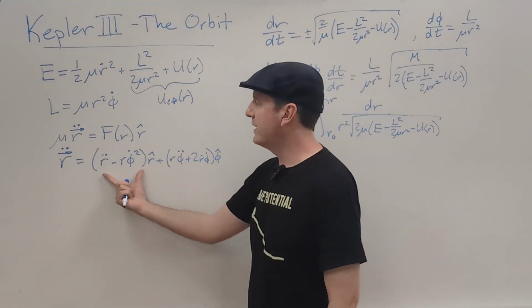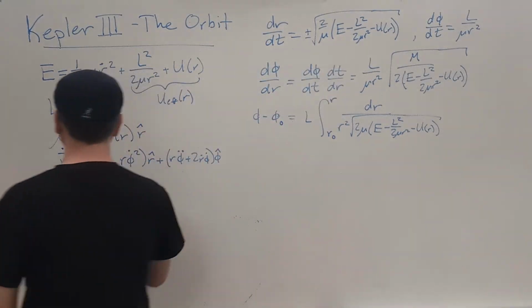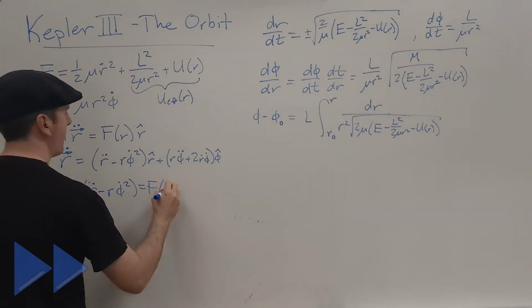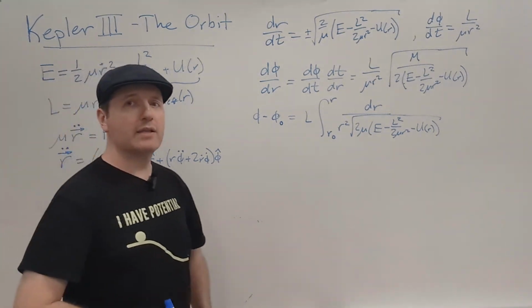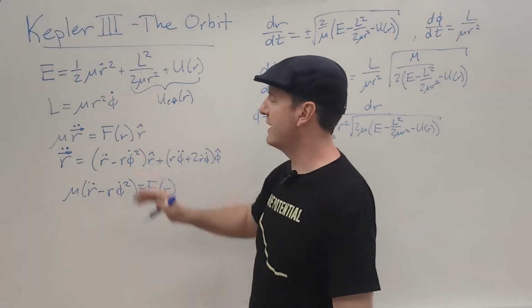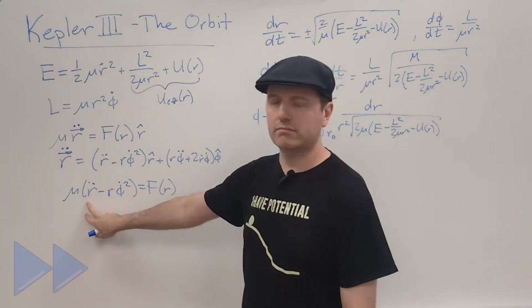Over here, though, we can see that equating these and dropping out the r hats gives us a scalar version of our force law. And again, using conservation of angular momentum, we can replace this phi dot that shows up here with something involving L to get a second derivative of r directly.